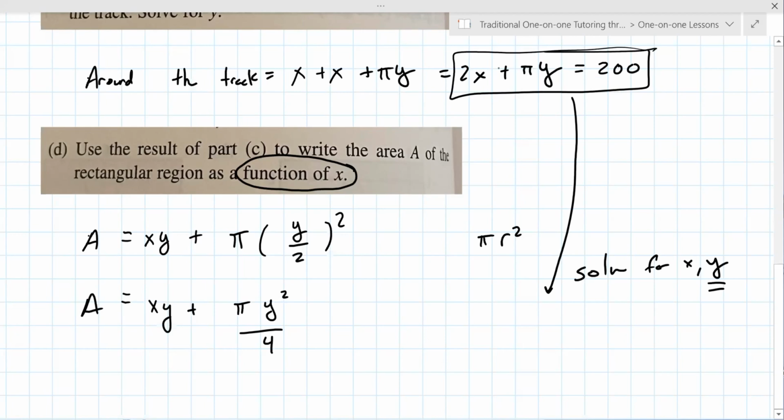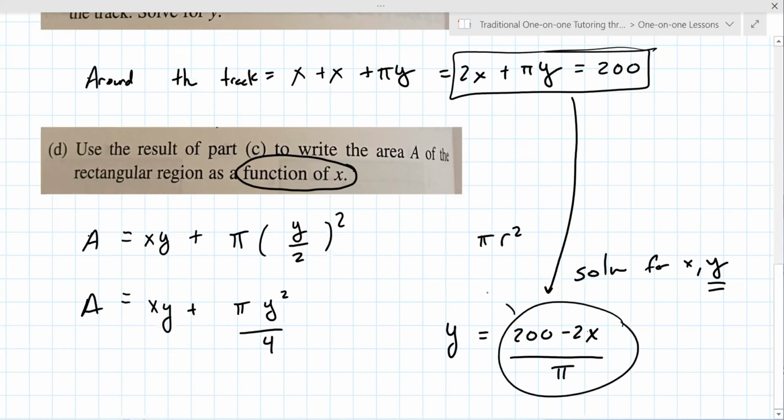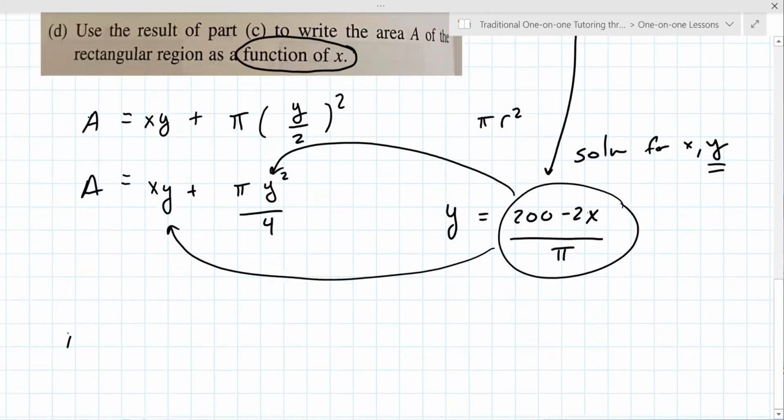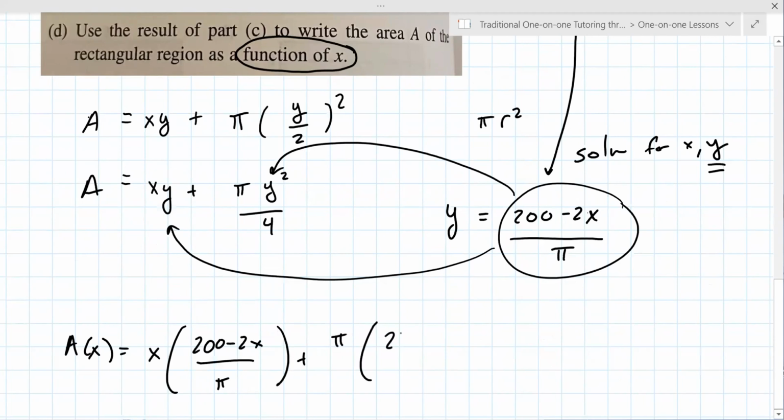So solving this for y equals 200 minus 2x over pi. This substitutes in for y and for that y there. And you get an area as a function of x times 200 minus 2x over pi plus pi times 200 minus 2x over pi, squared, all over 4. Maybe I'll put that there. And that's part D.